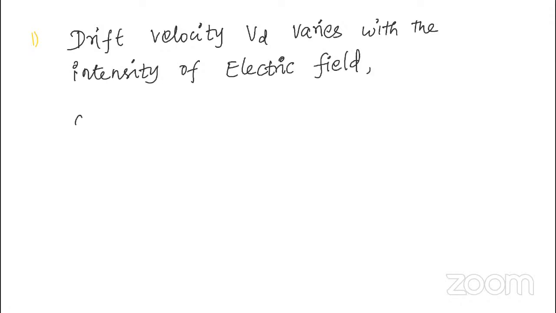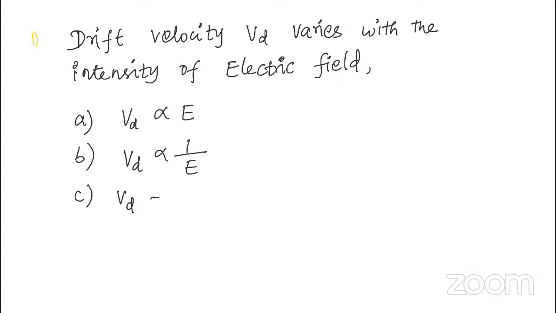Option A: Vd is directly proportional to E. Option B: it is inversely proportional to E. Option C: Vd is equal to a constant. Option D: Vd is equal to E square. Let us choose which answer is right.